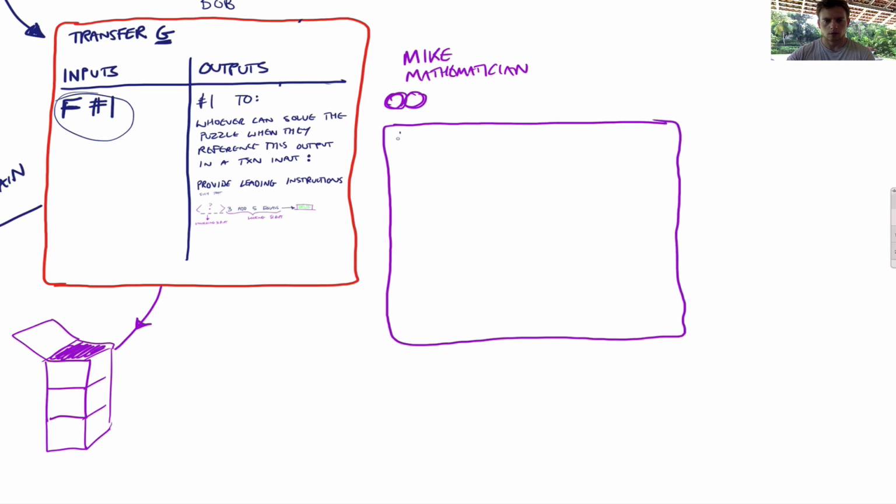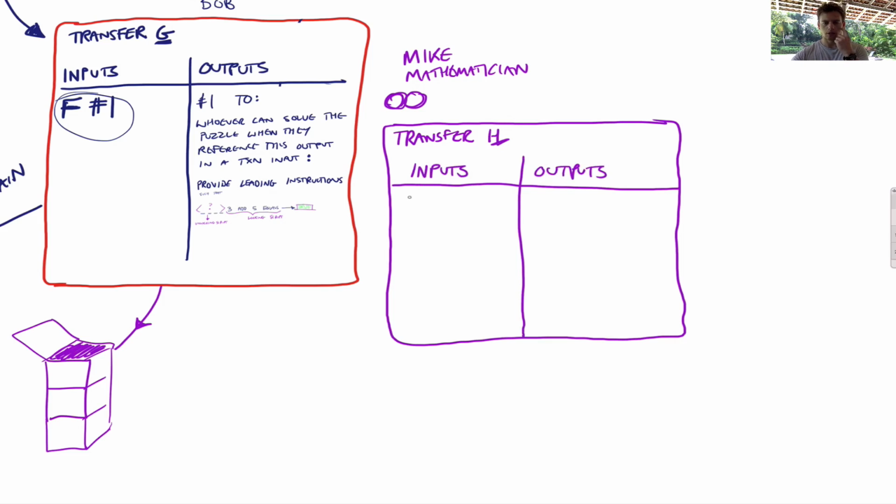And this is transfer H. So Mike is creating this transaction, and in the new system, he fills out his own inputs and outputs. He selects a unique identifier for the transaction. He writes the inputs and the outputs.